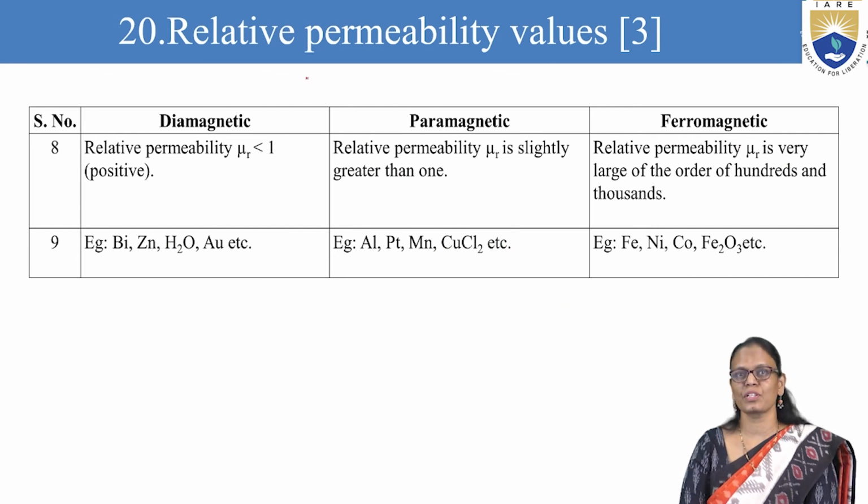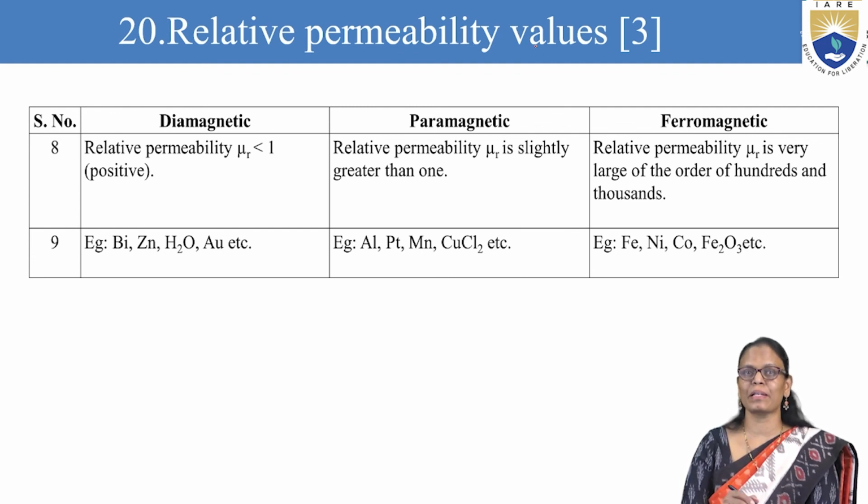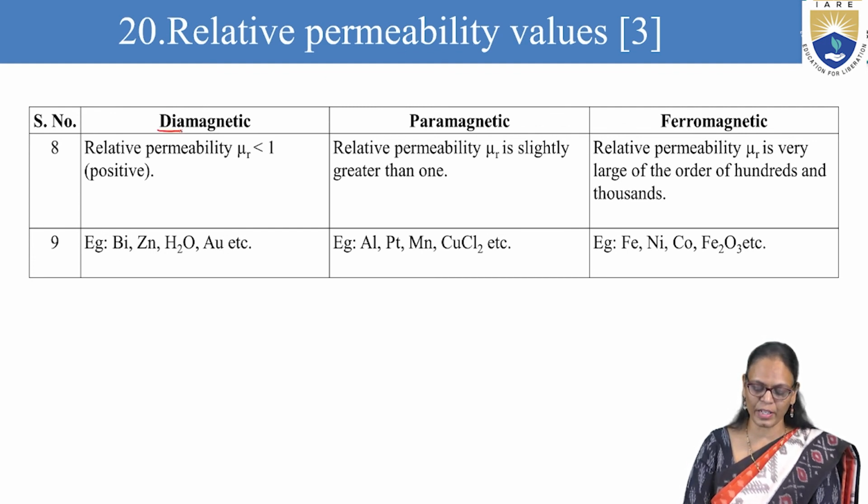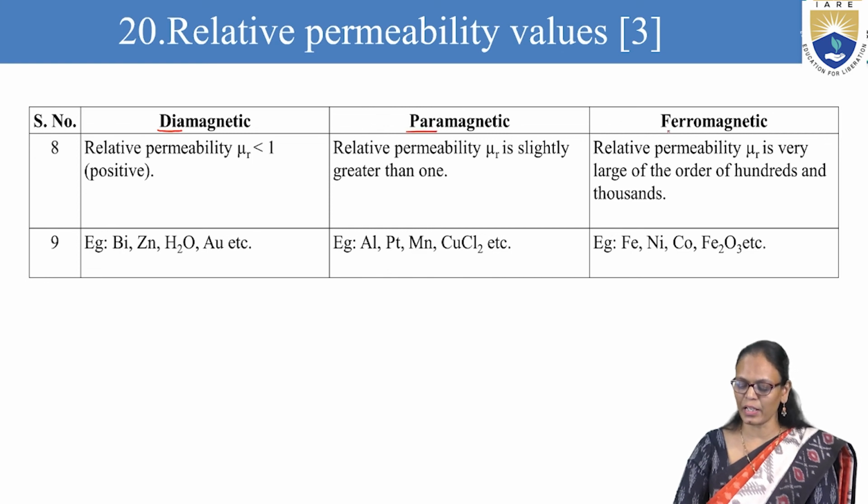Then the last question: what will be the relative permeability values for diamagnetic, paramagnetic and ferromagnetic substances? For a diamagnetic substance, mu r is less than 1. It is positive, but its value is less than 1. For paramagnetic, mu r is slightly greater than 1.